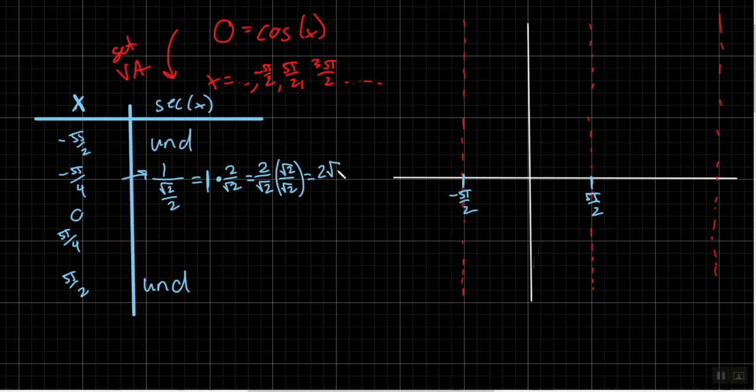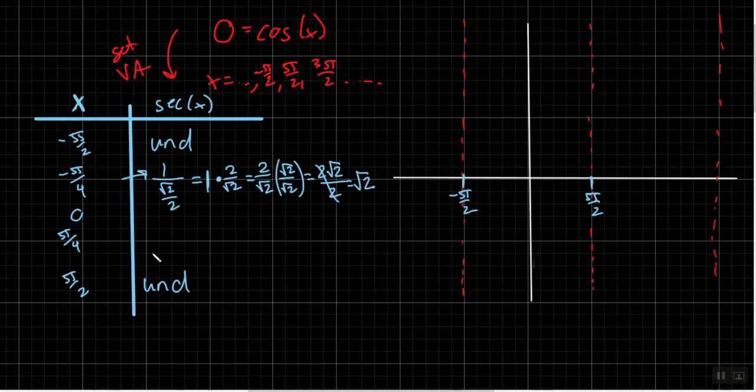It's 2 square root of 2, and my denominator would just be 2. Do we have questions? What happens to my 2 outside 2's? Yep, so they simplify and I have a square root of 2.